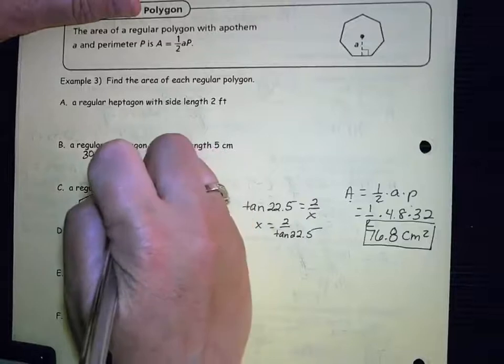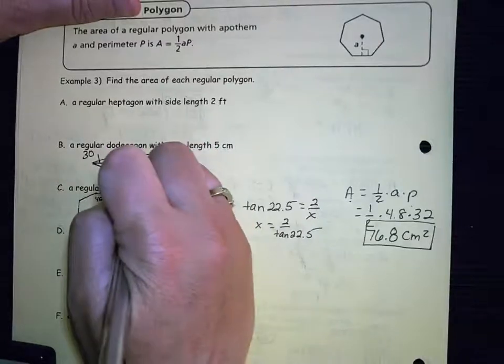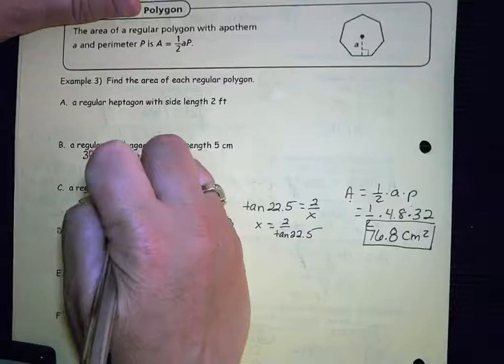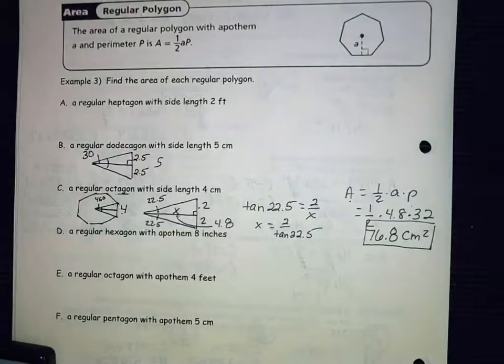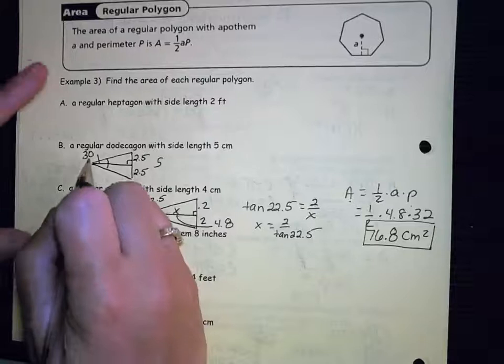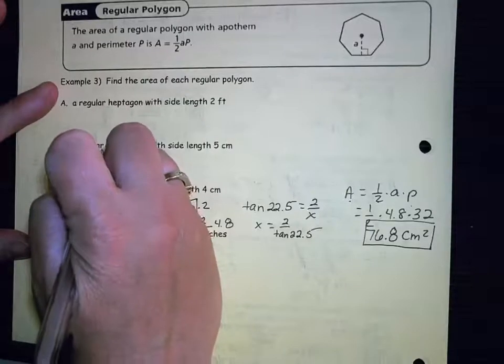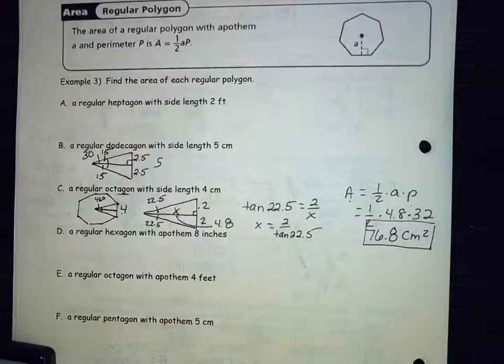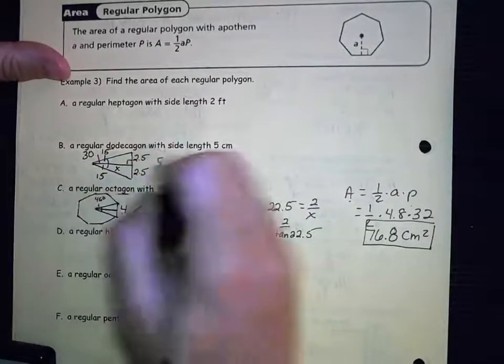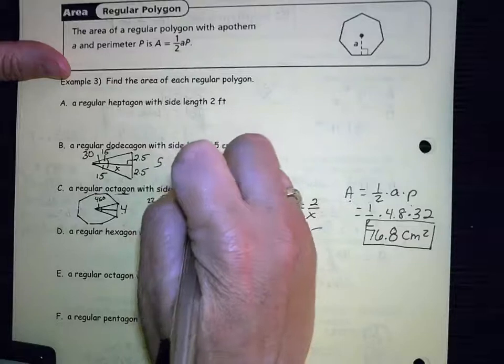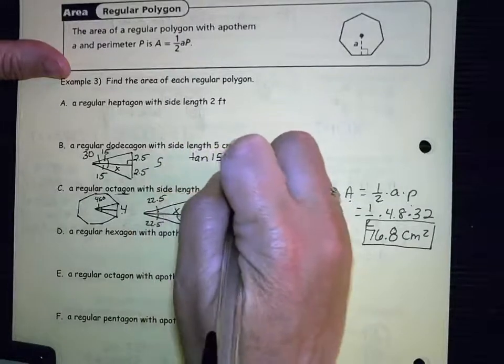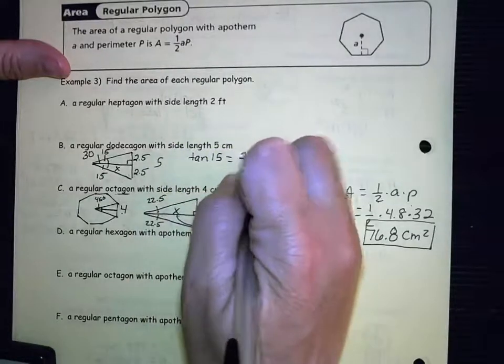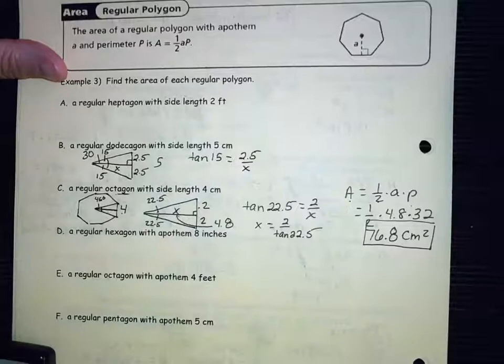We said the side length was 5, so each of those are going to be 2.5. If we divide the central angle into 2 pieces, these are each 15.